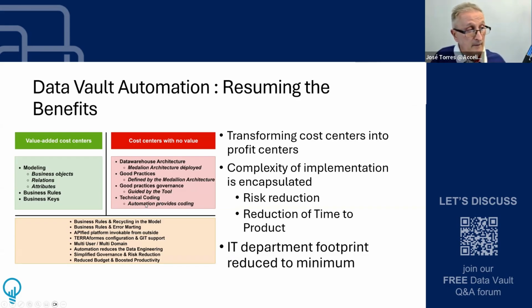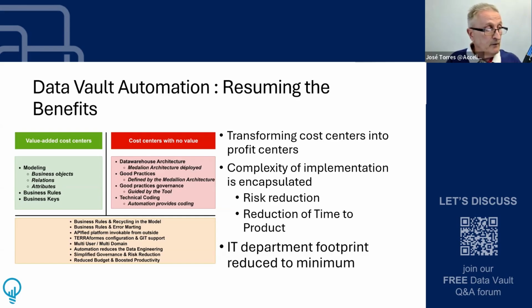About the technical coding, the automation provides full coding wherever it doesn't have business value. And the business value on the left in green color is about business rules, as we said before, is about modeling the business objects, the relations, and the attributes. So we repeat, before developing on Data Vault, you must have a clear vision of your model, your first model, before coding any line of code.